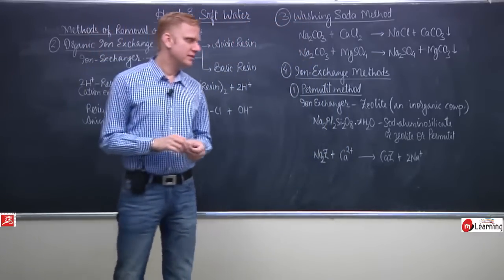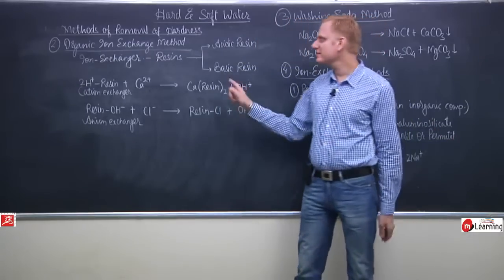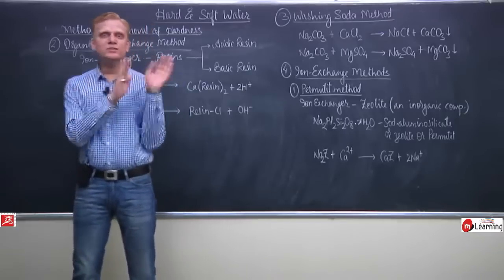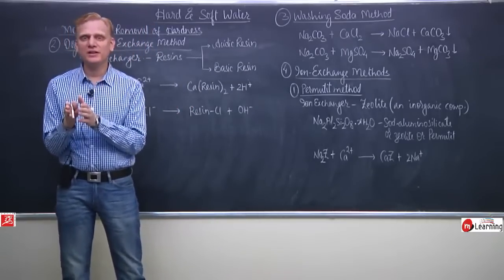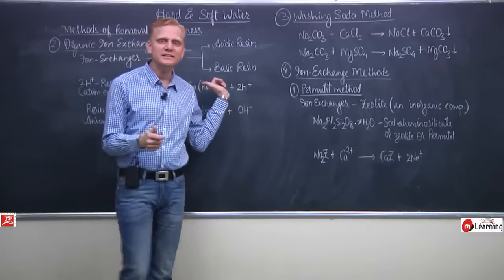So this method finally gives salty water and this method does not give salty water. Although both the methods are giving us soft water, that soft water is salty in this case but not salty in this case.